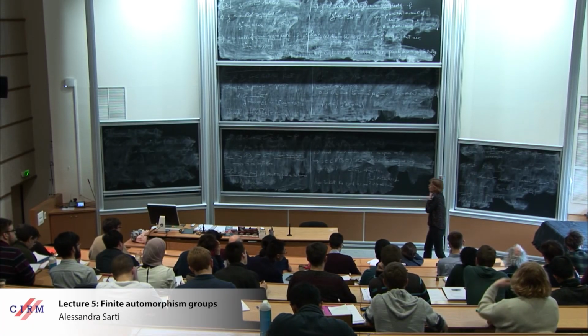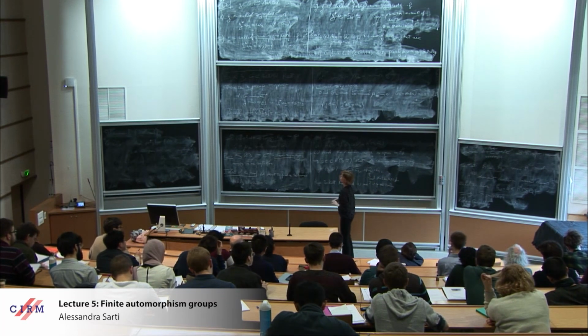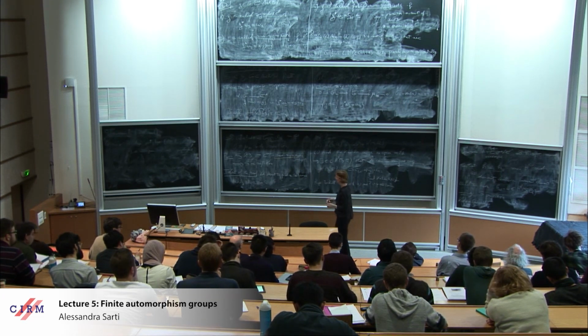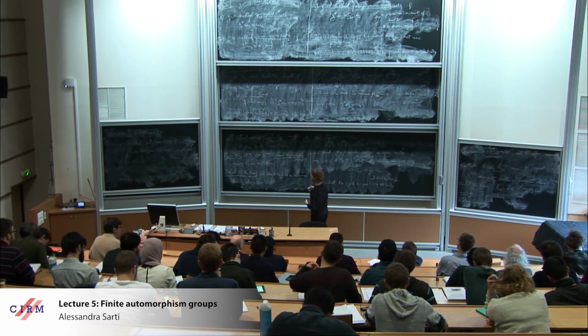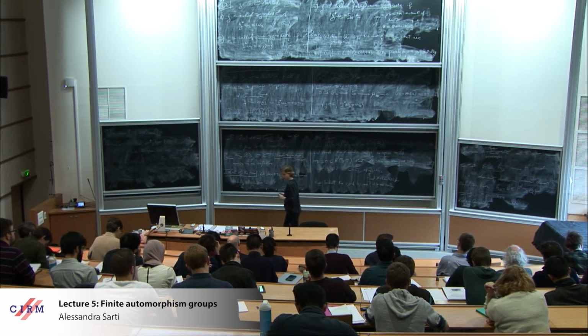And if some of you work on hyperkähler manifolds, everything goes through. You can replace K3 by irreducible holomorphic symplectic, and it works in exactly the same way, with the same definition and the same proof here.